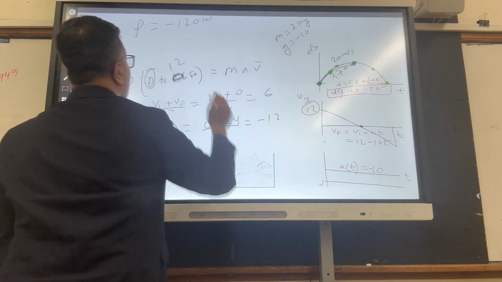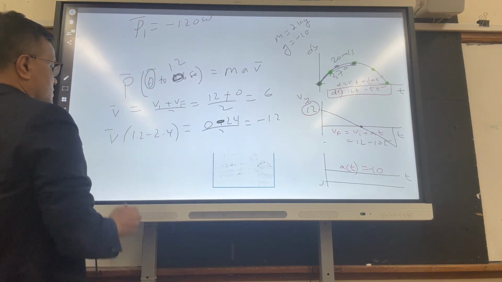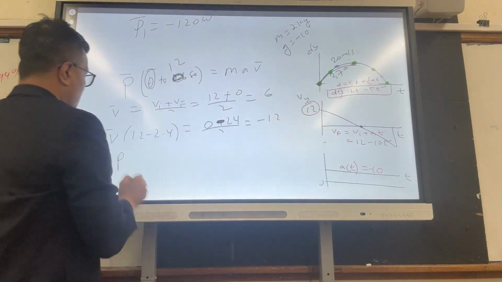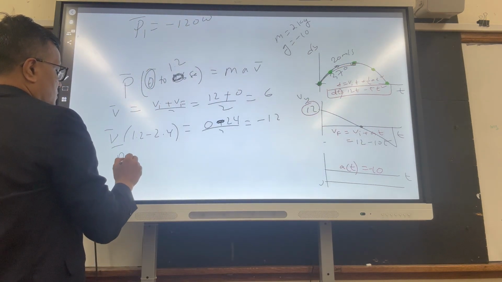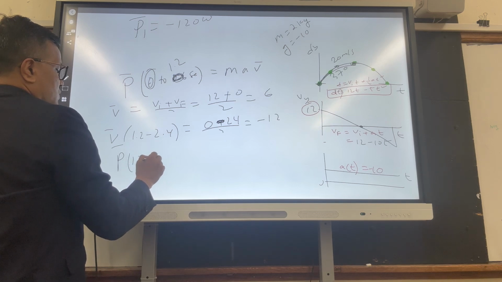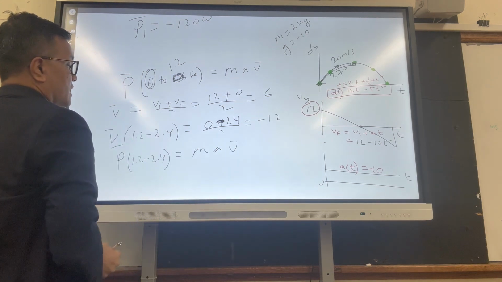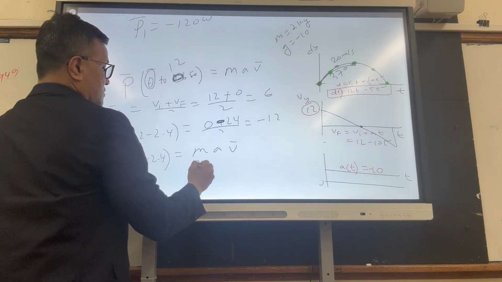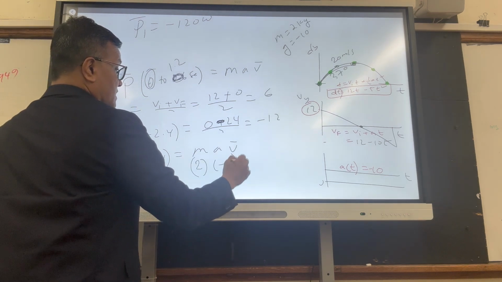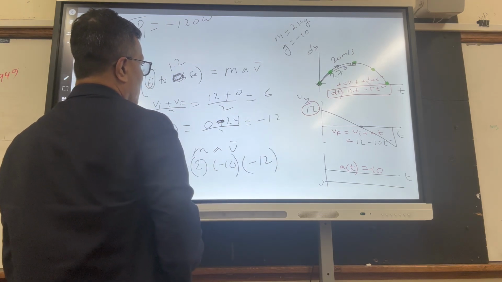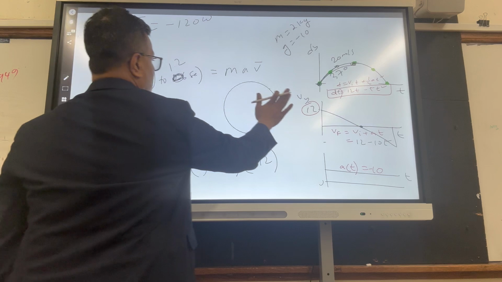Now the average power from 1.2 to 2.4. Average power is MAV. M is 2, A is negative 10, and V is negative 6.